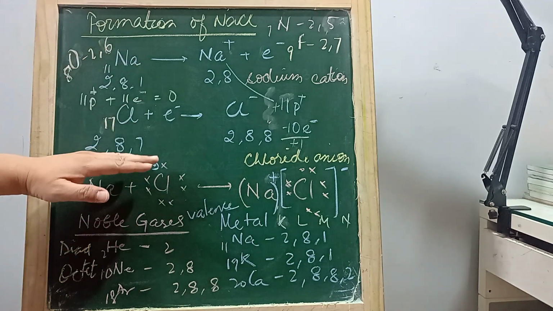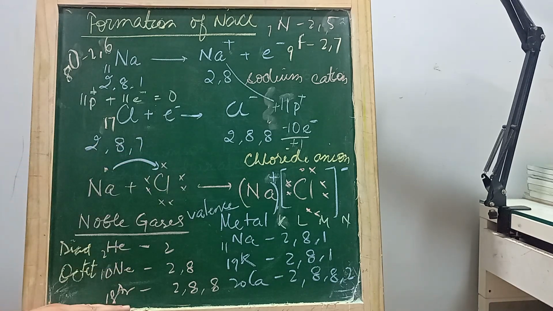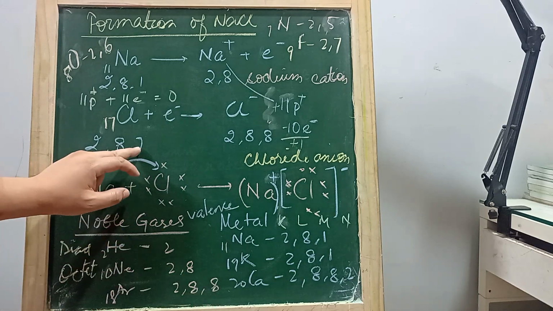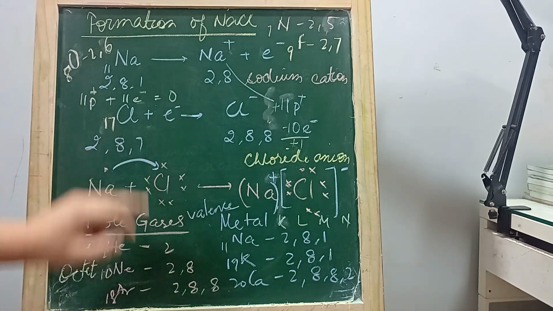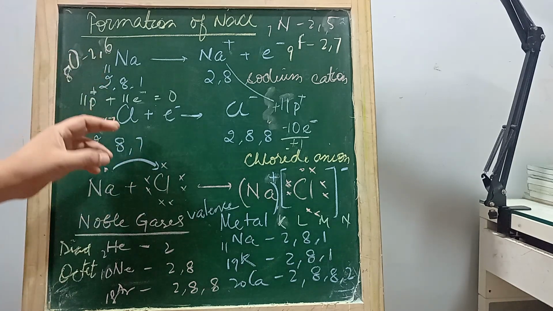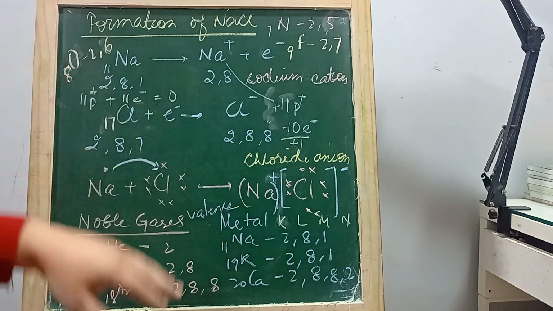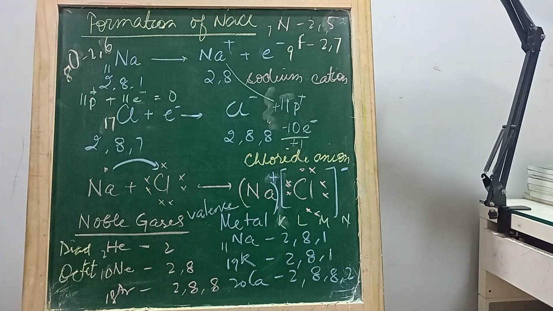So this is not a stable configuration. Had it been the configuration of argon, 2, 8, 8, it would be stable. So it lacks 1 electron in the outermost shell. If it gets 1 electron in the outermost shell, its electronic configuration will be the same as argon, so it will be as stable as argon, right?